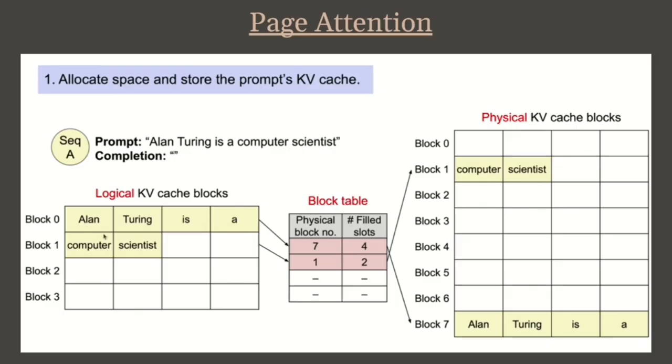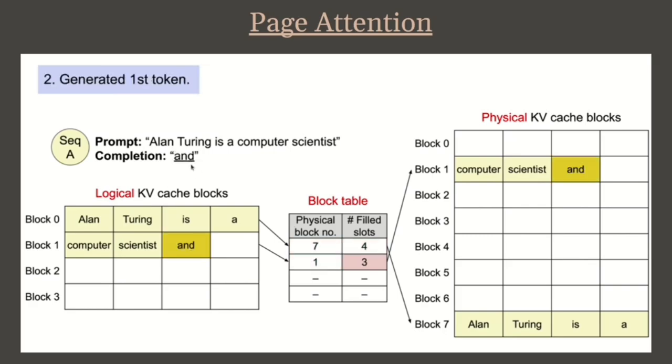As you can see here, the prompt is divided and stored in the logical and physical KV cache blocks. And if we look at our block table, we can find that these pages are stored in physical block number 7. Just by looking at this block table, we can understand where our data is stored. So that's basically what we do. When we store the KV cache, we use this method, and to access the data, we use this block table. So that's pretty simple.